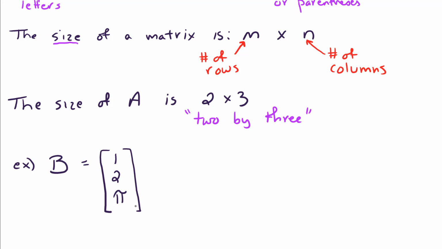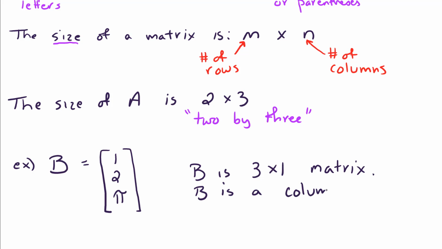So we could say B is 3 rows by 1 column. So B is a 3 by 1 matrix. You could also say that B is a column matrix or a column vector, because it consists of just 1 column.